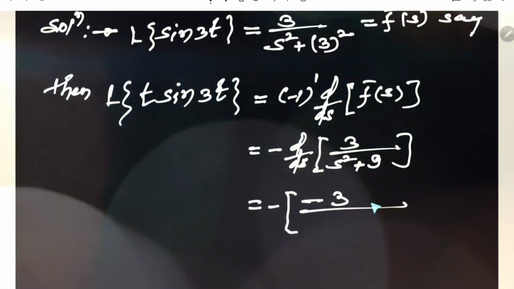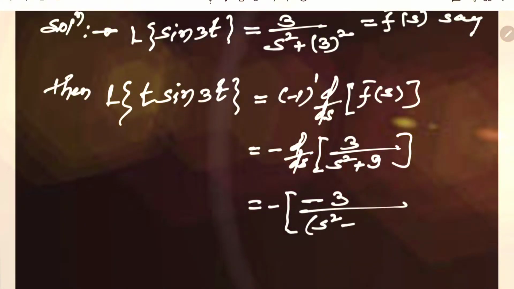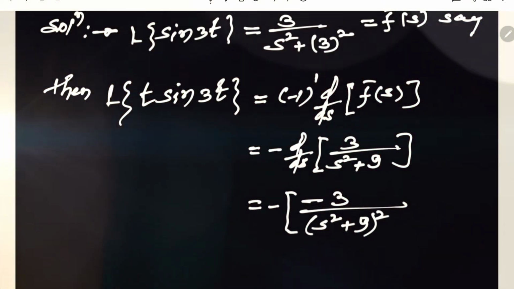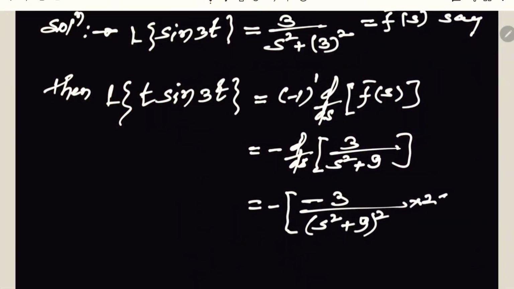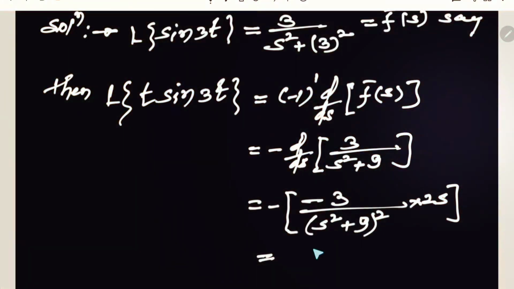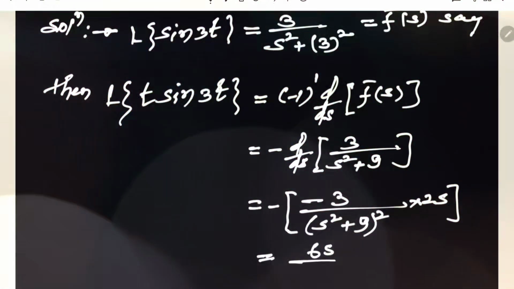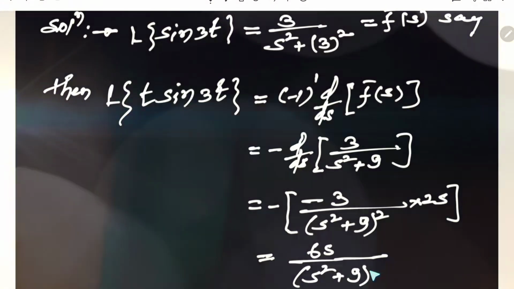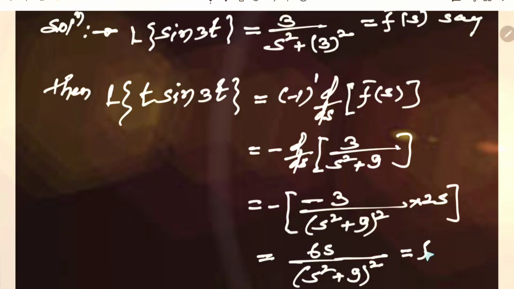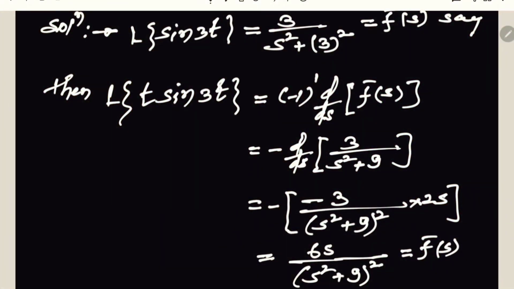Therefore, it is minus 3 upon s square plus 9 bracket square into chain rule. Derivative of s square with respect to s is 2s. Minus minus becomes plus, 6s divided by s square plus 9 bracket square as f bar of s.